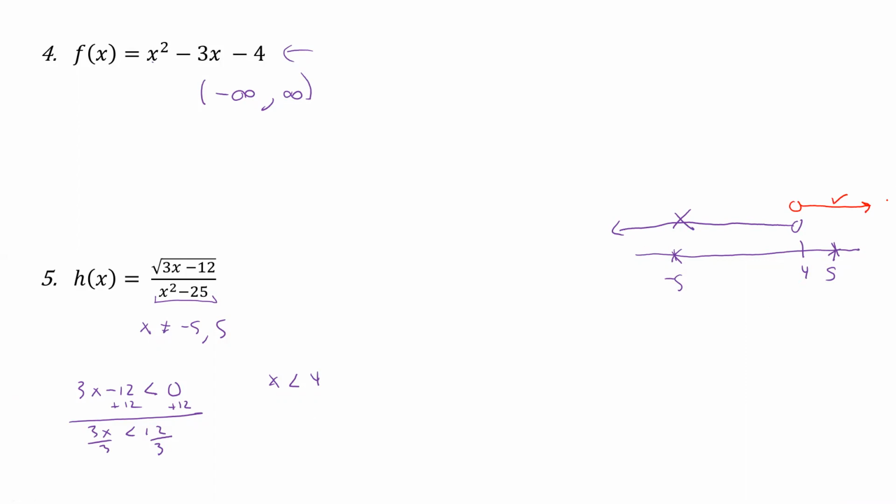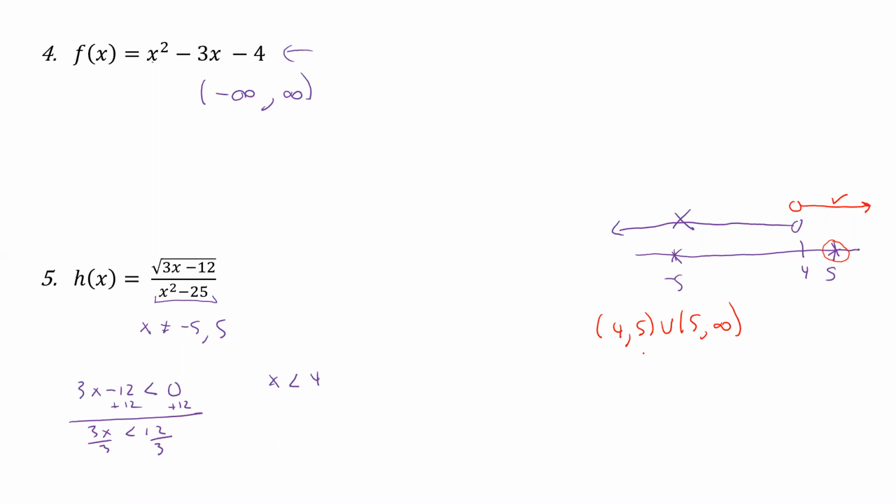So when we do that, what does that say? Well, now when we go this way forward, we have to remember we still have this point we cannot have. So we're going to go from 4 to 5 union 5 to infinity.